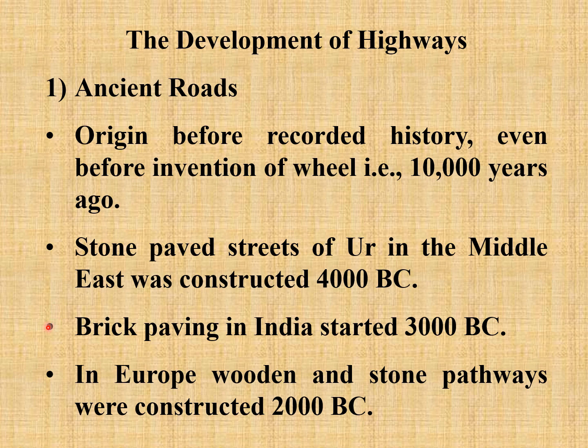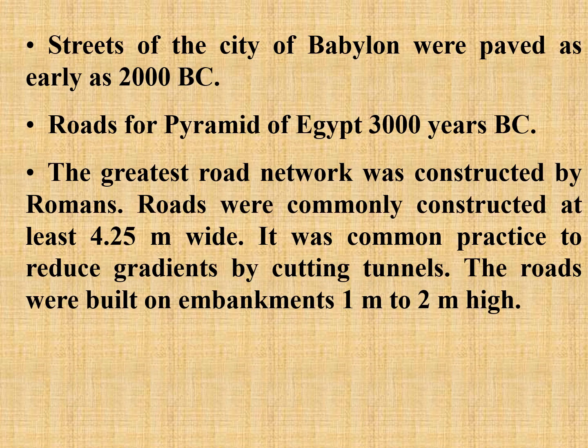Brick paving in India started 3000 BC. In Europe, wooden and stone pathways were constructed 2000 BC. Streets of the city of Babylon were paved as early as 2000 BC. Roads for Pyramid of Egypt 3000 years before Christ.